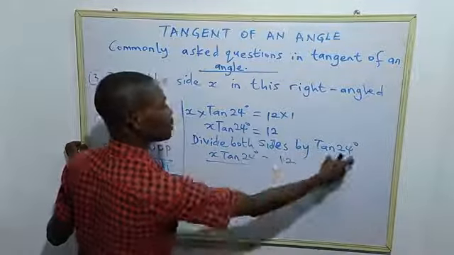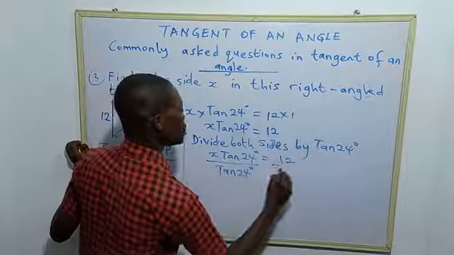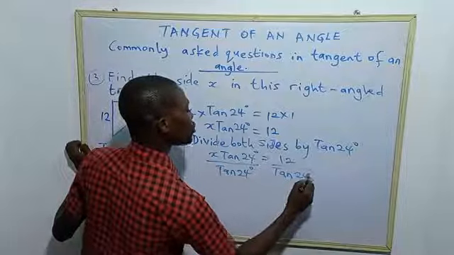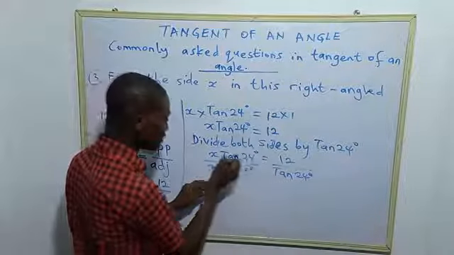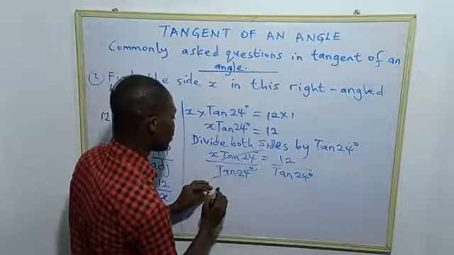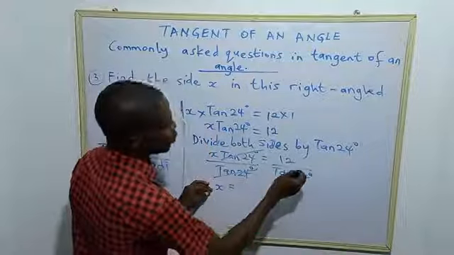So divide both sides by tan 24 degrees. So this cancels out this. We are left with x equals 12 over tan 24 degrees.